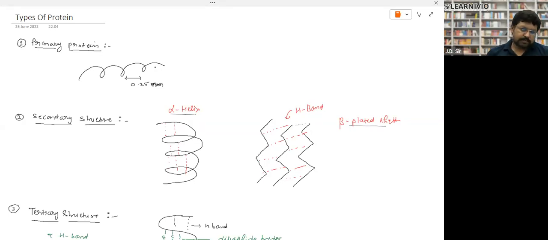One more thing. At this end, means the left side, there will always be nitrogen at the end, and there will be carbon.